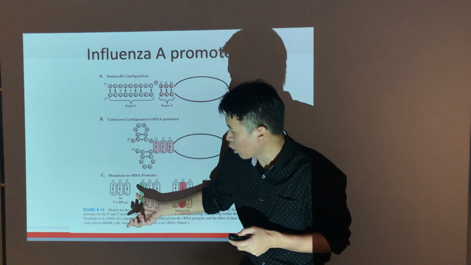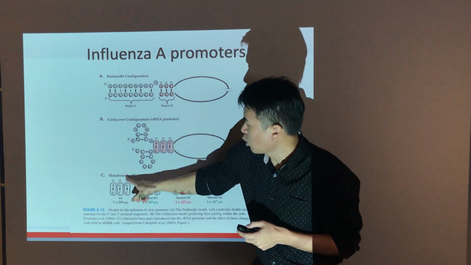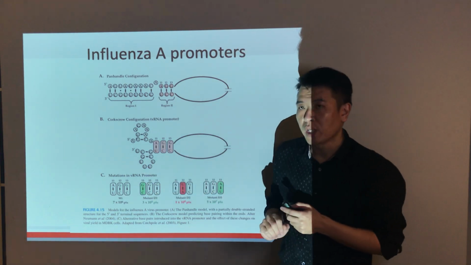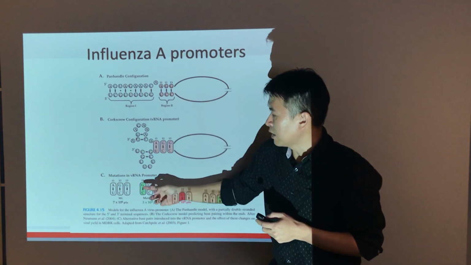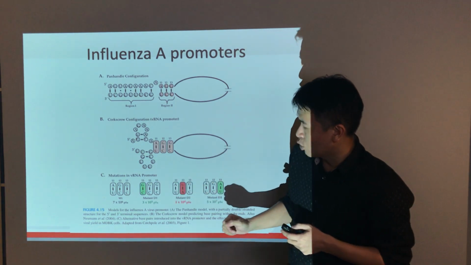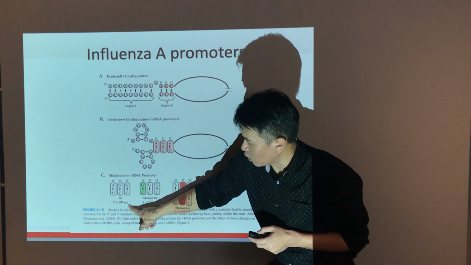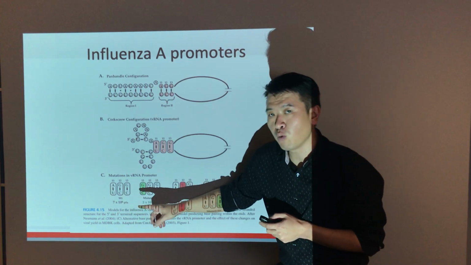So we call it wild type. WT stands for wild type. In wild type, when we look at the sequence, it's AGG and UCC. So scientists started wondering, are these really that important? When you use the wild type sequence, what you produce is 7 times 10 to the power 8 PFU.